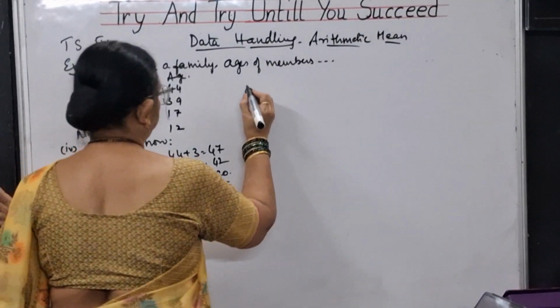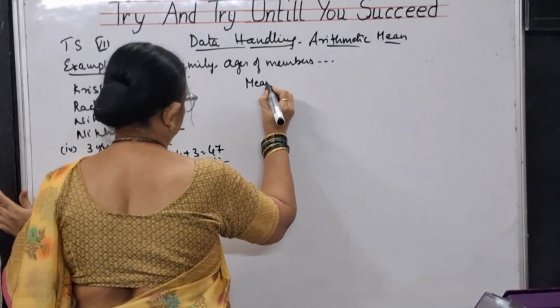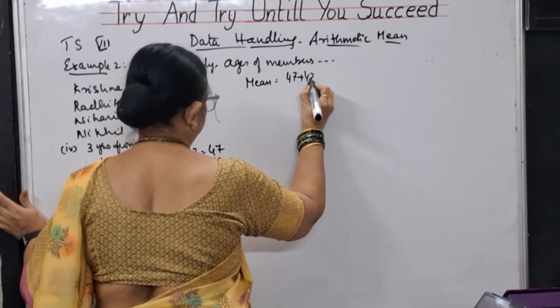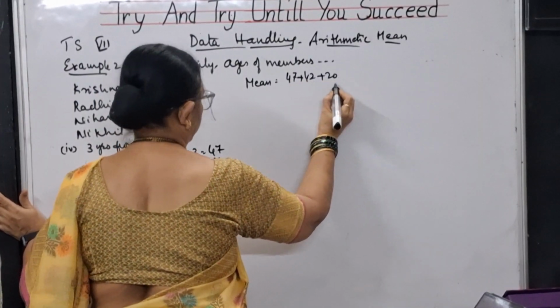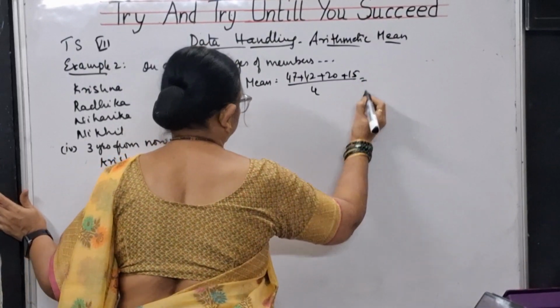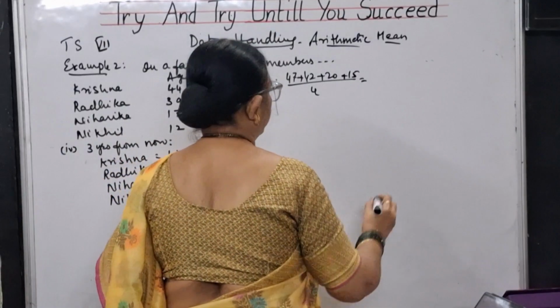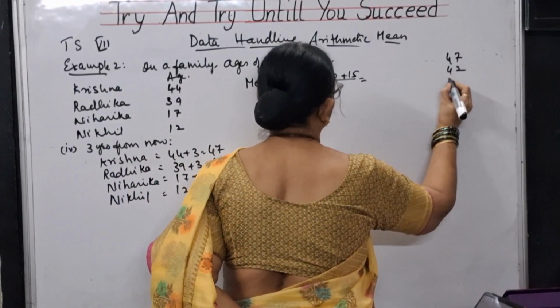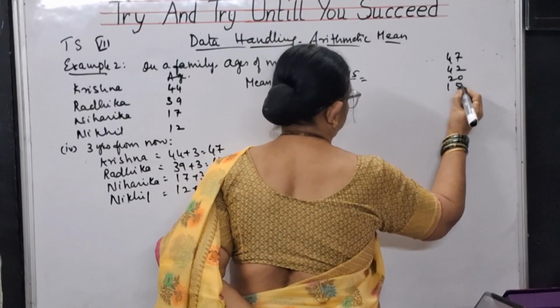So now let me find out mean. Mean is equal to 47 plus 42 plus 20 plus 15 by 4. This is equal to, let me add, 47, 42, 20, 15.